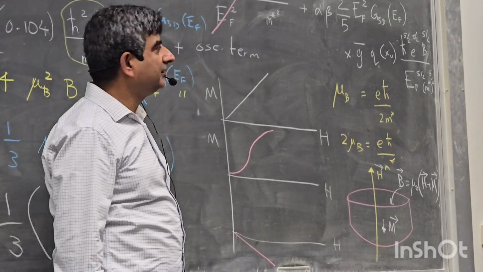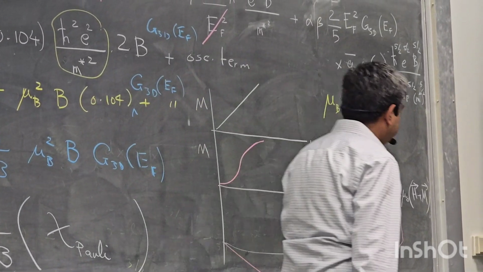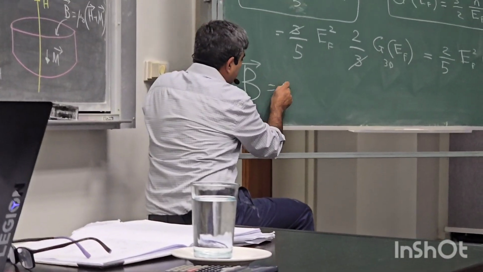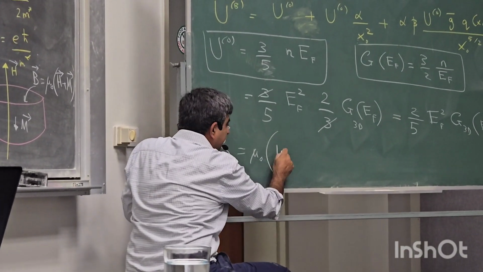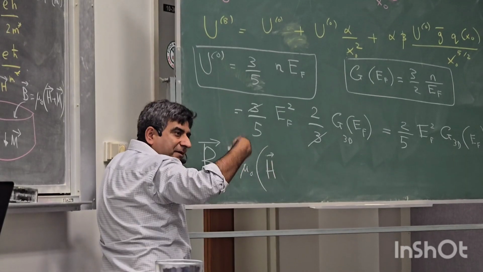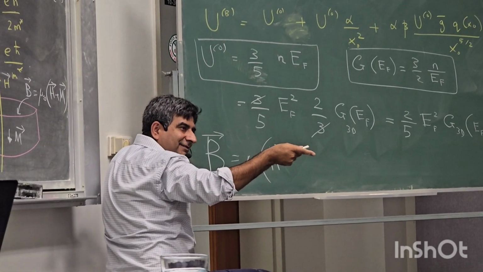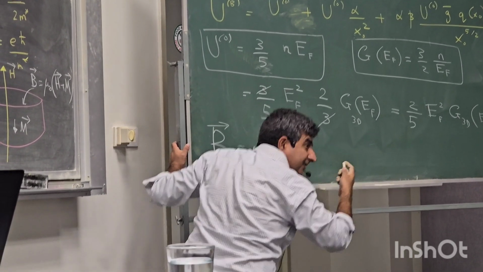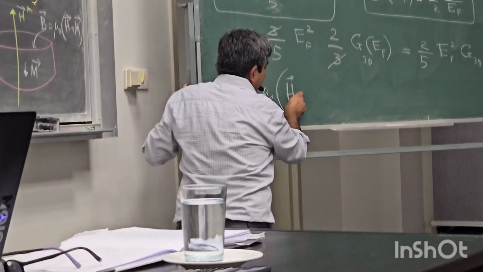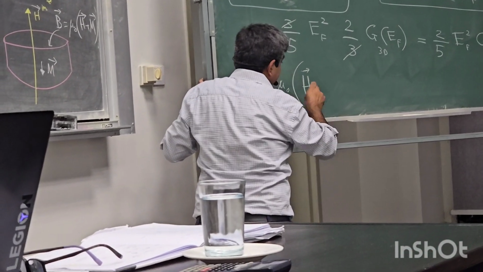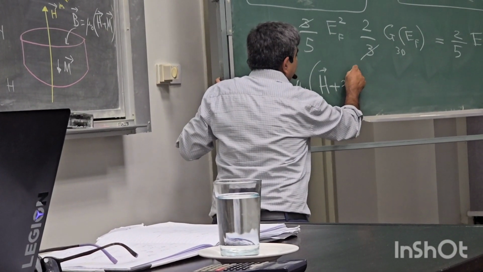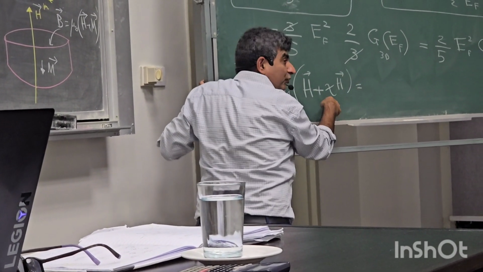Alright? So the field inside the material is mu naught (H plus M). But M is now opposite to the magnetic field, and this proportionality is chi, the susceptibility. So this becomes mu naught (H plus chi H). Chi is now negative.